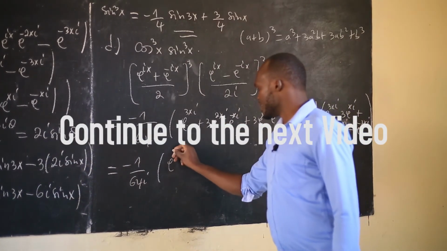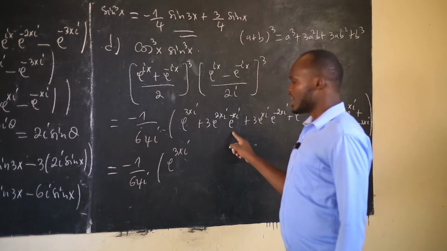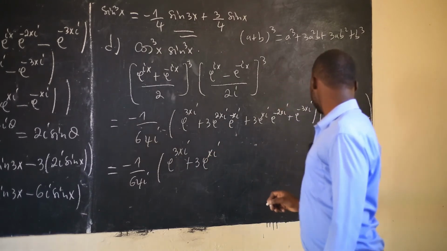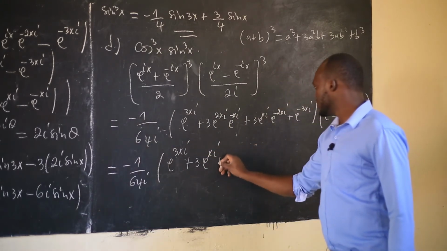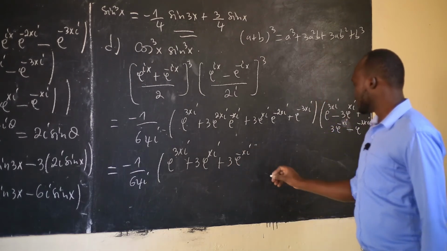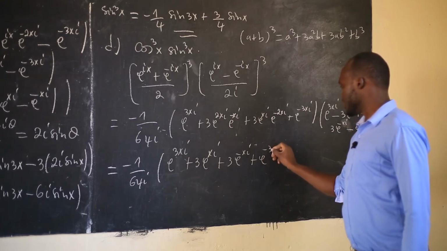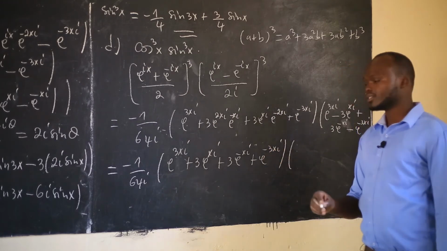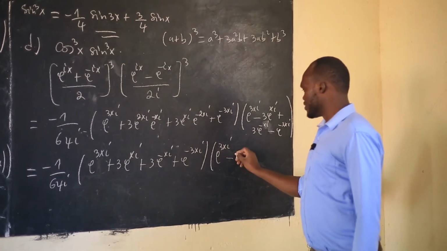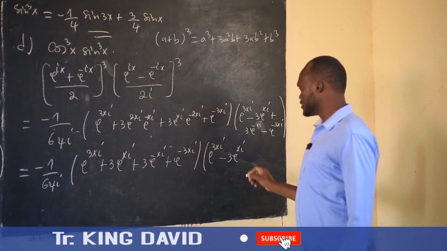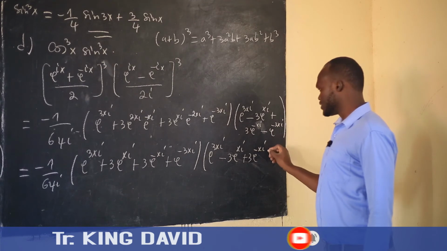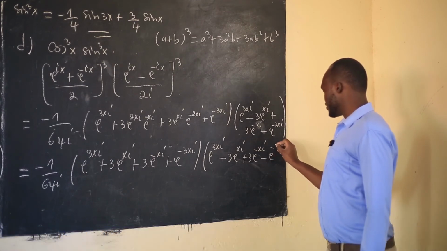So this is e^(3xi), we add the powers, remaining is 3e^(xi) plus 3e^(-xi) plus e^(-3xi), times this one, which is e^(3xi) minus 3e^(xi) plus 3e^(-xi) minus e^(-3xi).